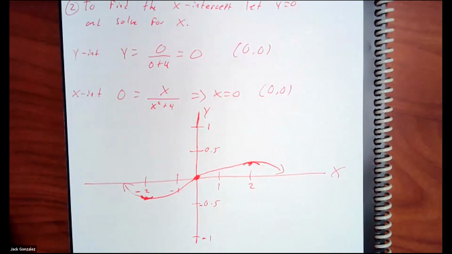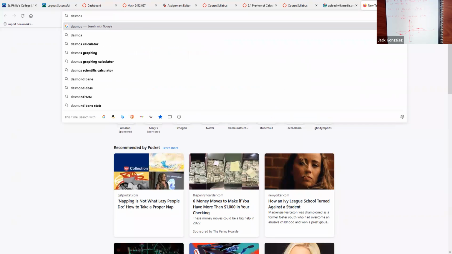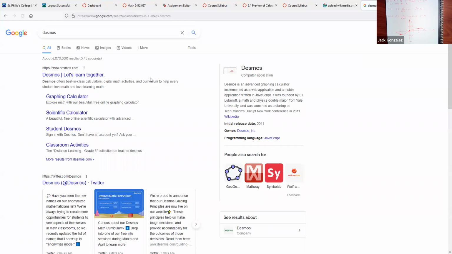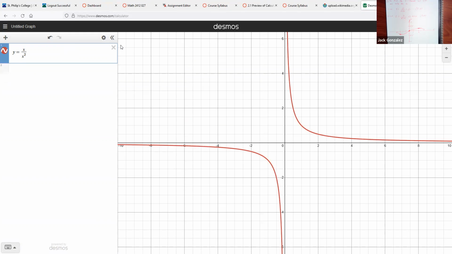So several hundred years ago, this was awesome. Let's see what it looks like for real. See if I'm close at all. Okay. I called it y in this case. x over x squared plus 4.